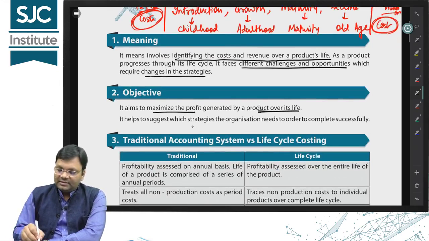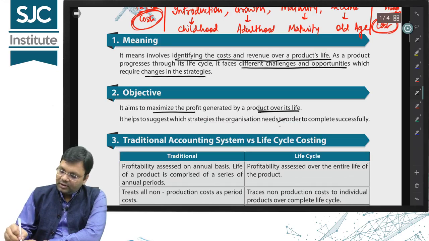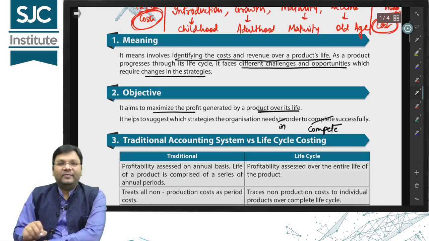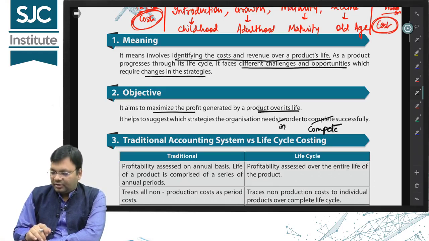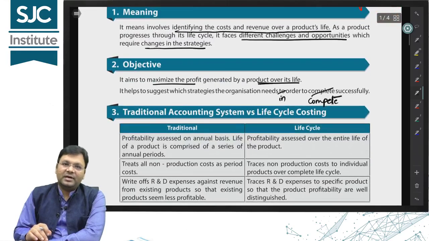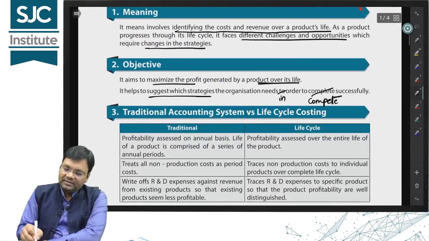It helps to suggest which strategy the organization needs in order to compete successfully, because in each phase the product needs to face different types of competition. So there are 2 things that we learn in the objective.